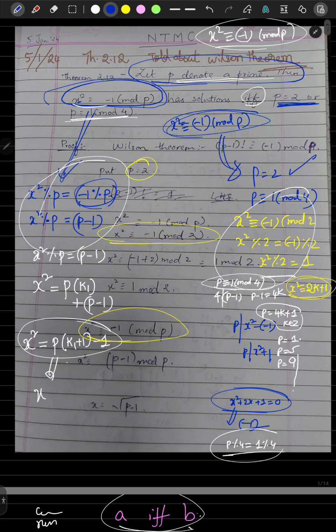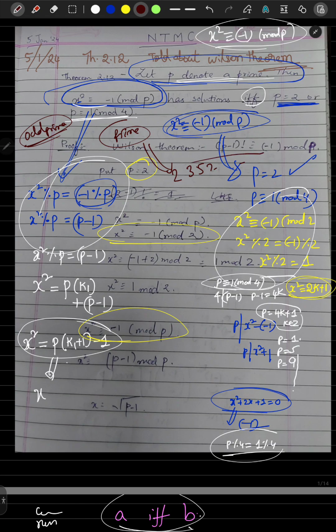Here I want to introduce one new term, that is odd prime. Generally, what are the prime numbers? Those divisible only by 1 and themselves: 2, 3, 5, 7 and so on.